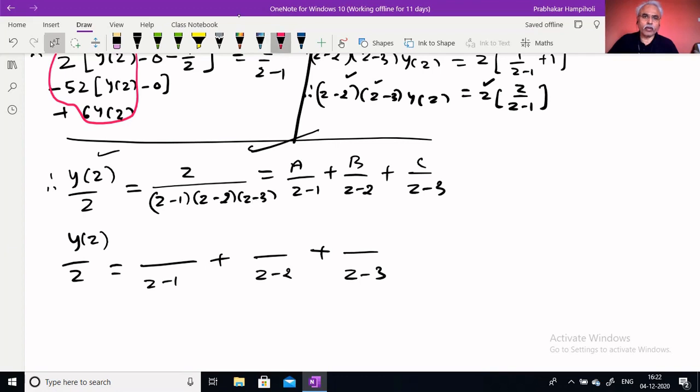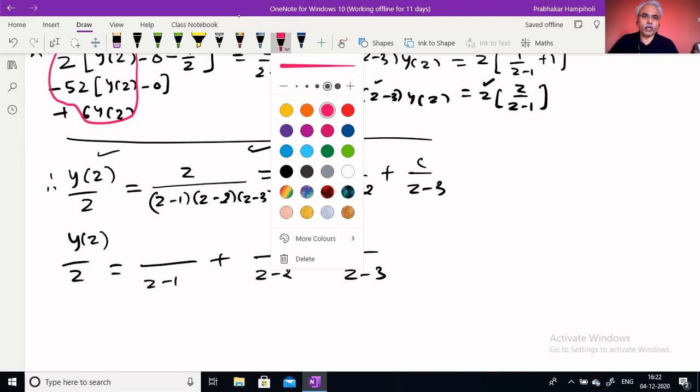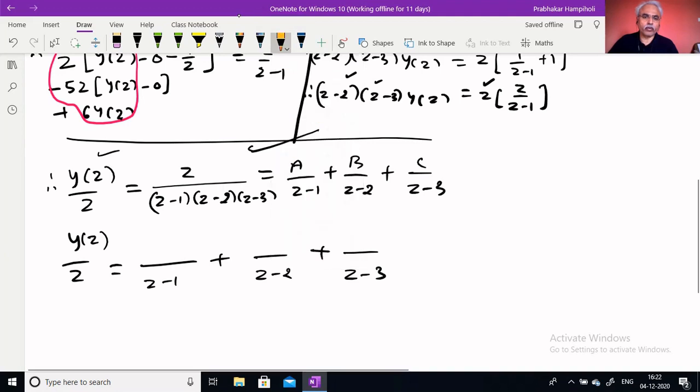To find the A value, you leave this z minus 1 here, and in the remaining part, wherever z is there, you put z equal to 1.